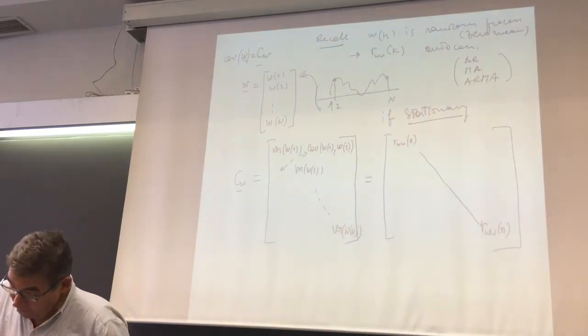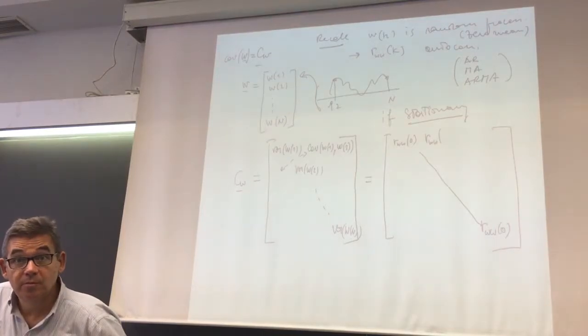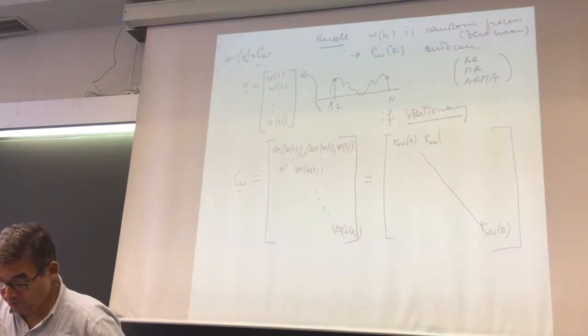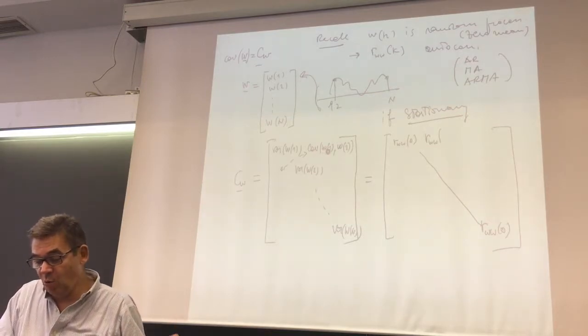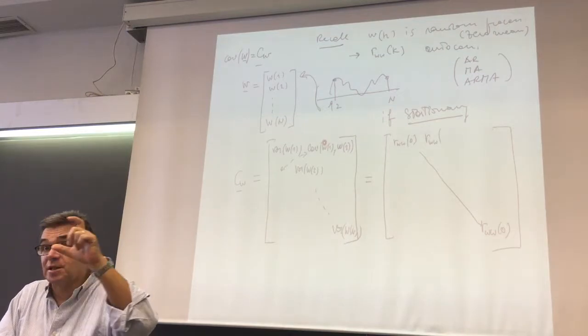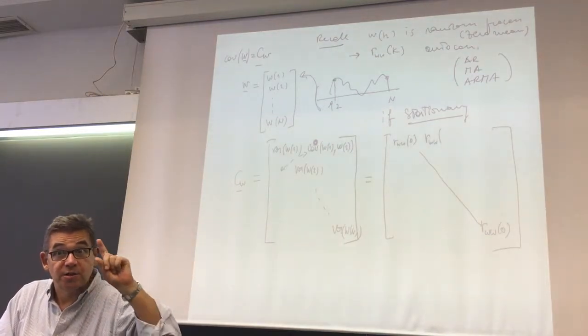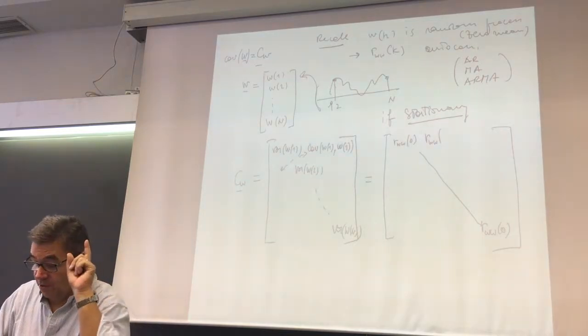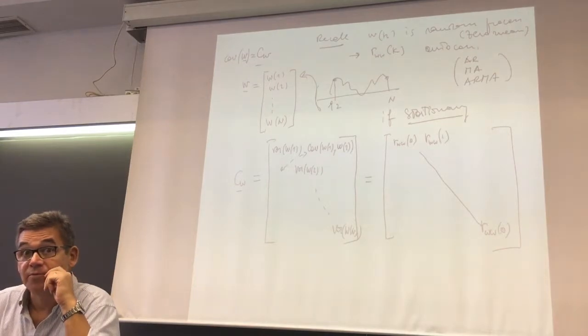In the first position, the covariance of W1 and W2 depends just on the temporal distance between W1 and W2, which is one sample. So in position 1, this is equal to RWW1.